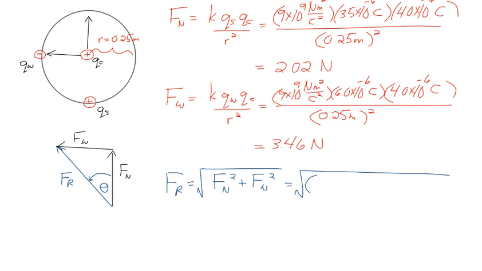So for the north, that was 2.02 newtons, and the west was 3.46 newtons. Square both of those, and you get for the answer 4.01. And that's all they asked for.